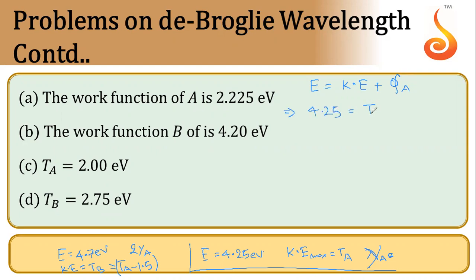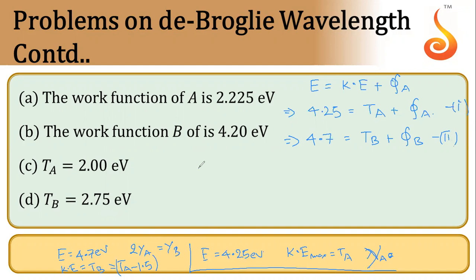It gets distributed between Ta, which is the kinetic energy, and the work function of metal A. That is our first equation. Now for the second case, when total energy is 4.7, it gets distributed between TB and the work function of metal B. That is our second equation. And one more relation is given that the wavelength of the second one is twice the wavelength of the first one.